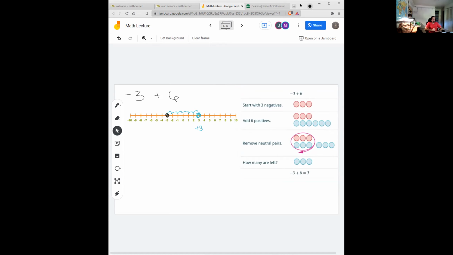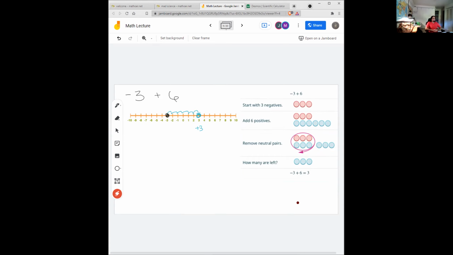I owe somebody, I owe you $3. Then when I get paid, I have $6 that are positive. 3 of them will go away with my debt to pay off my friend. And then 3 of them are left, so I can go shopping or something like that.